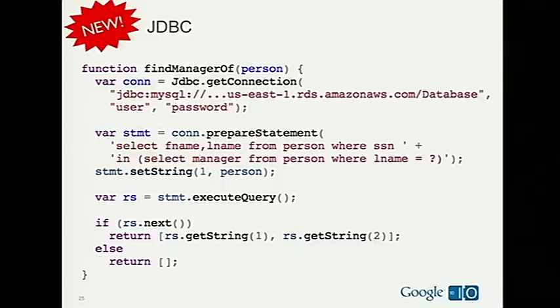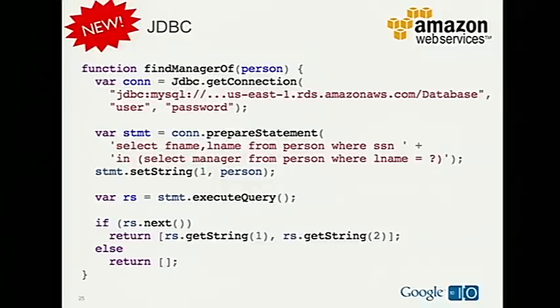So we don't have a flashy demo of JDBC today, but we do have some great demos on our website where we integrate with Amazon Web Services. They have a very nice MySQL database in the cloud called RDS, and I'd urge everybody to play with Apps Script integrating with MySQL on Amazon.